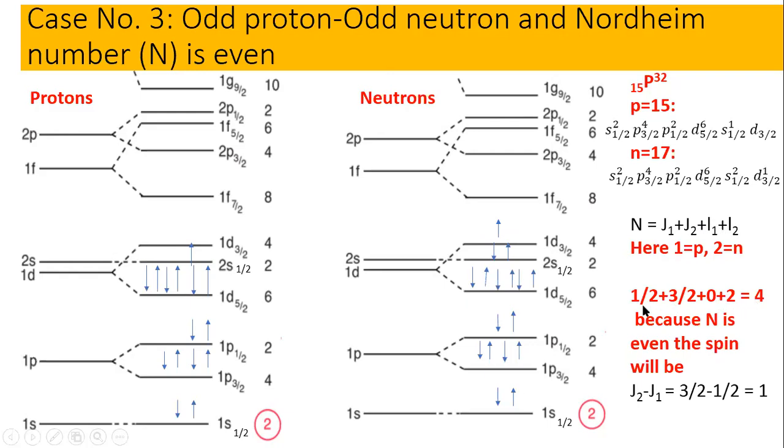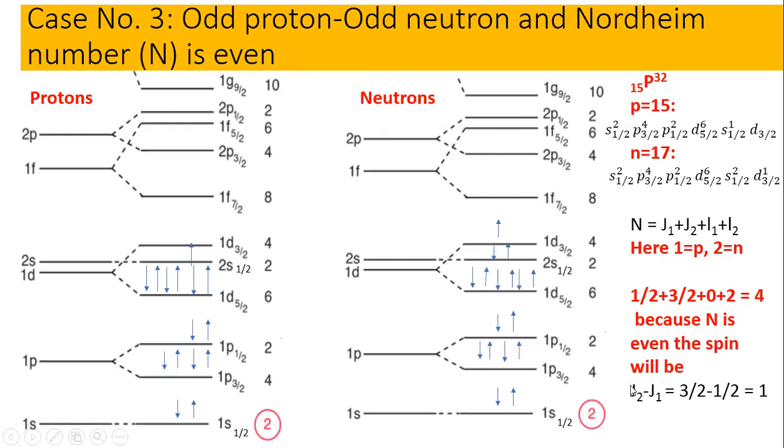So these are the values of J and L from these energy levels. If you sum them up, they give you an even number. So that is case number 3, when both protons and neutrons are odd in number and n is even. Then how to calculate the nuclear spin?